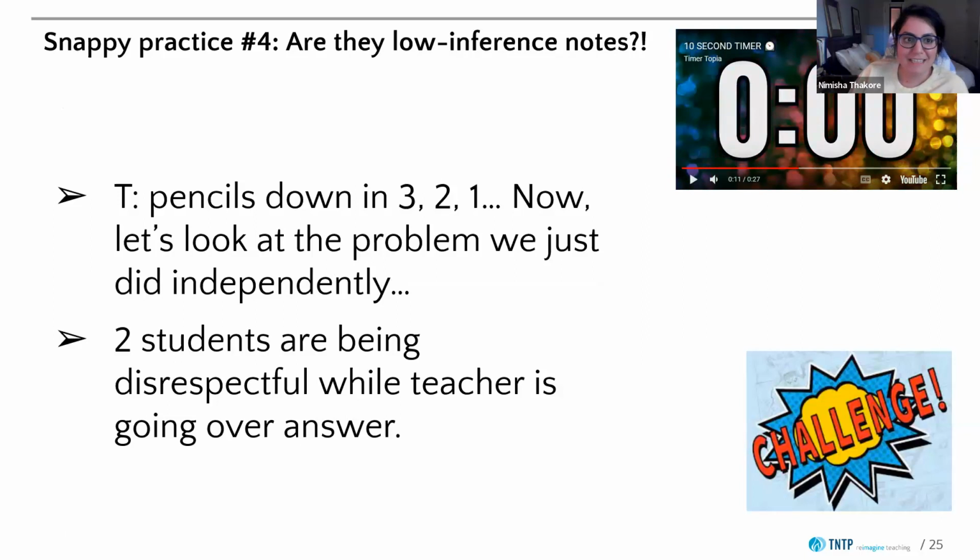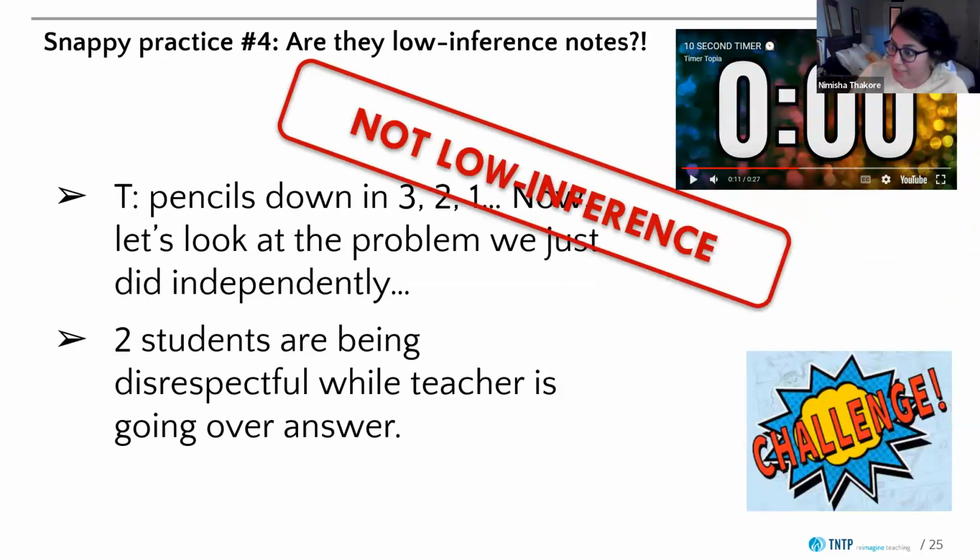Yes, most of us got it. This is not low inference. The first part is, so you might have gotten thrown off by that. The first bullet is low inference. It's just what the teacher is saying. The second part, what evidence do we have that kids are being disrespectful? That's what we want to write down. That X number of students are off task or something like that. Not just kids are being disrespectful.